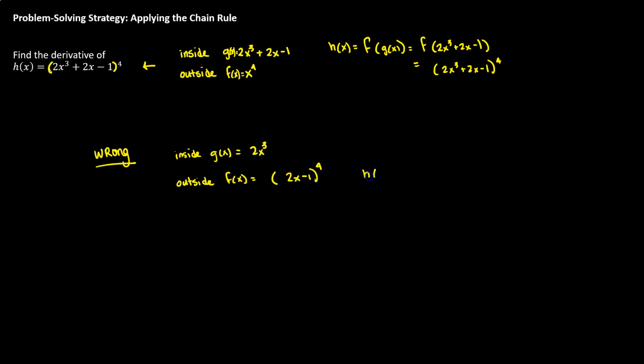If I tried to recreate h of x using these inside and outside functions that I've just identified, a disaster would happen. So if I tried to stick g of x into f, where I picked f to be 2x minus 1 raised to the fourth, that composition would actually look completely different than the h function that we found.